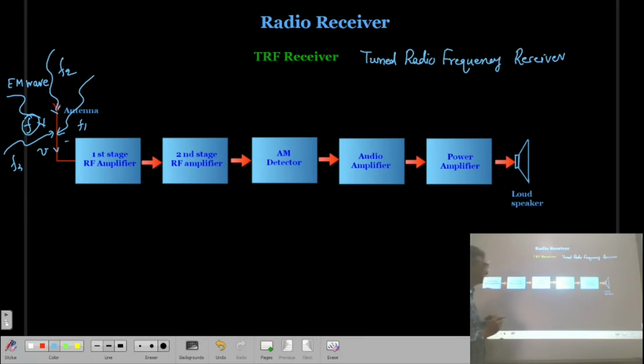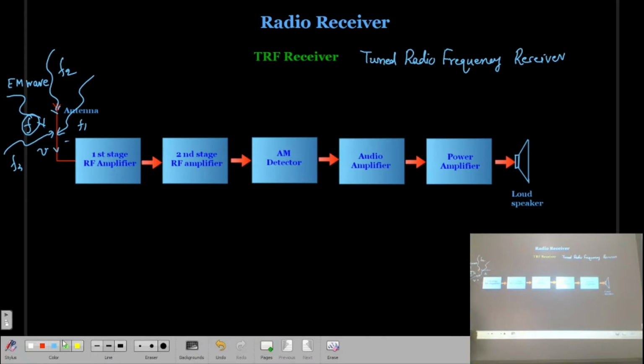And for that, at the input of the receiver, we always have a kind of resonance circuit or parallel resonance circuit that is known as a tank circuit or a tune circuit. So what is a tune circuit?